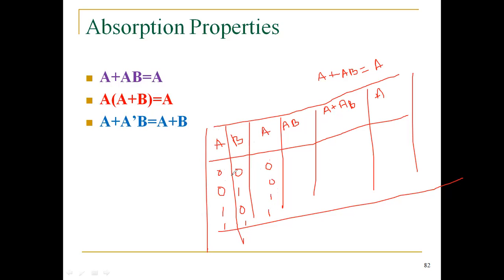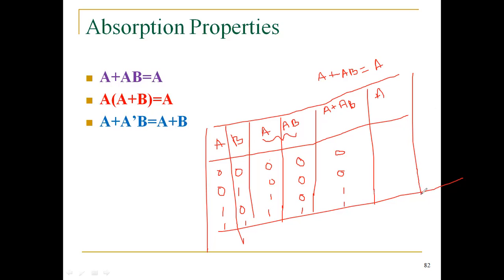Since it is A dot B, 0 dot 0 equals 0, 0 dot 1 equals 0, 1 dot 0 equals 0, and 1 dot 1 equals 1. So for A plus AB: 0 plus 0 equals 0, 0 plus 0 equals 0, 1 plus 0 equals 1, 1 plus 1 equals 1.